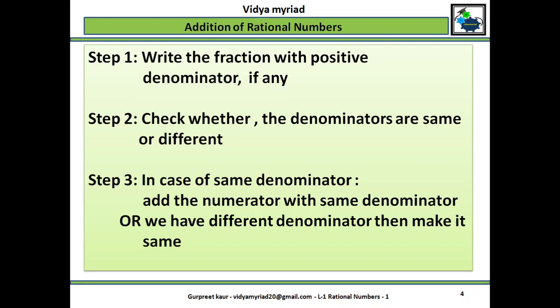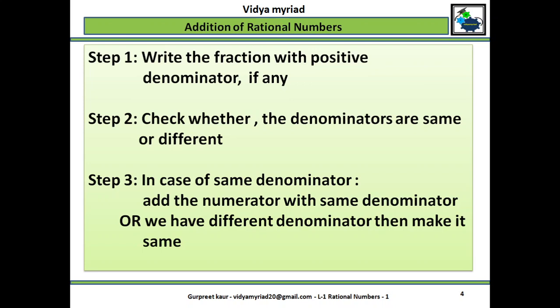For example, say my rational number is 1 upon minus 2. My first step is to make my denominator positive. How can I do it? I will simply multiply and divide by minus 1, which will make the denominator positive. So the answer will become minus 1 upon 2.